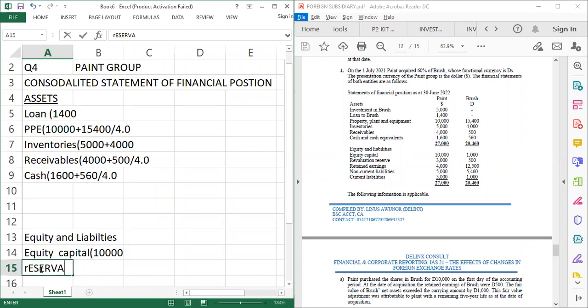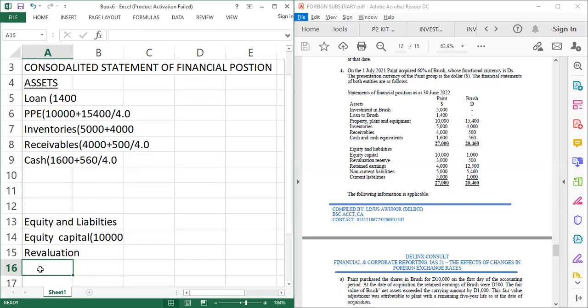The next one is revaluation reserves. The revaluation reserve that will count will be only the parent owned, because the subsidiary owned will be shared among the parent and the NCI. So for the equity items, we bring only the parent owned.